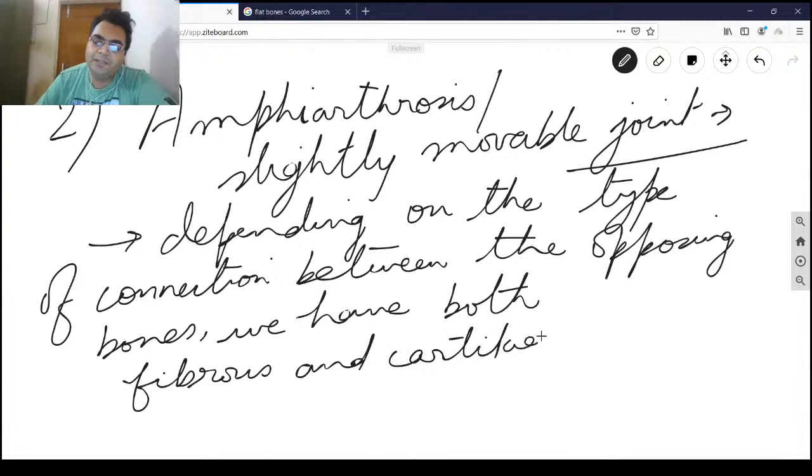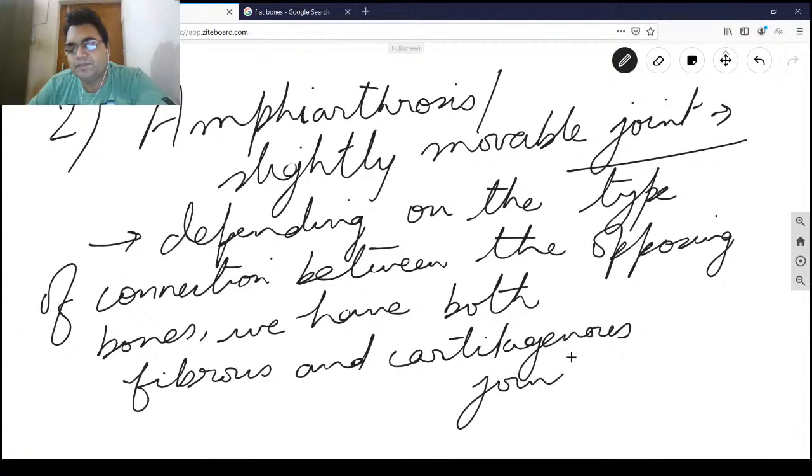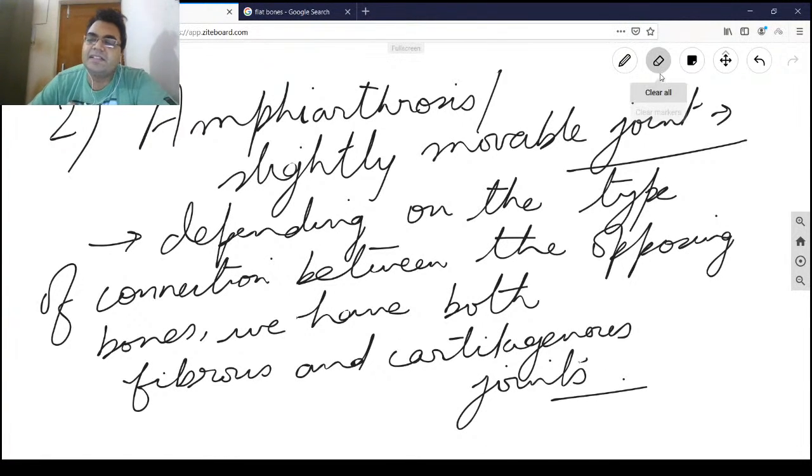I'll give you some examples also to make this thing more clear. Cartilaginous joints come under the category of amphiarthrosis. Always remember this.